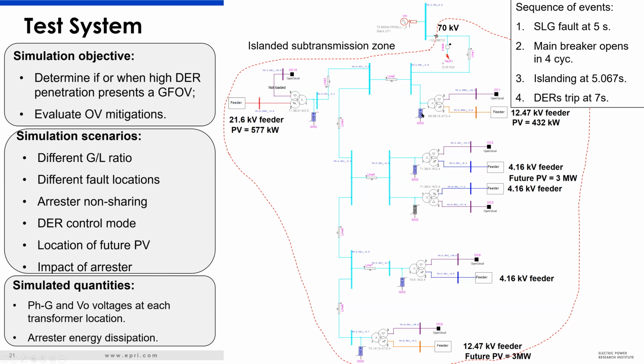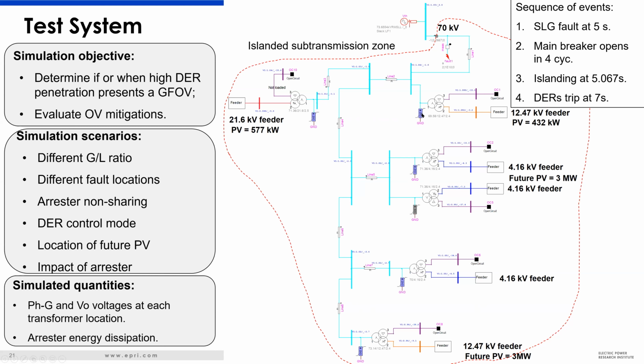The other mitigation option was DER onboard protection, and the conclusion was that it cannot be relied upon. Another option was to double the arresters to see if they could still remain within their rated energy consumption capability.